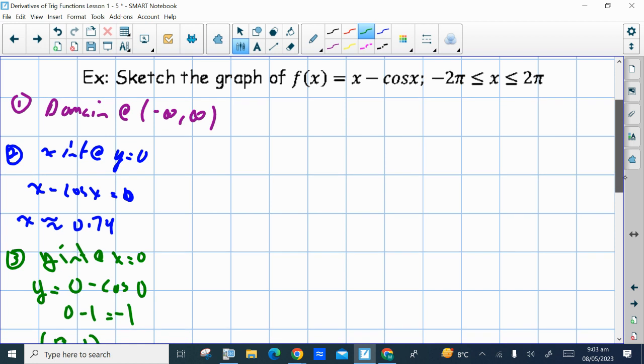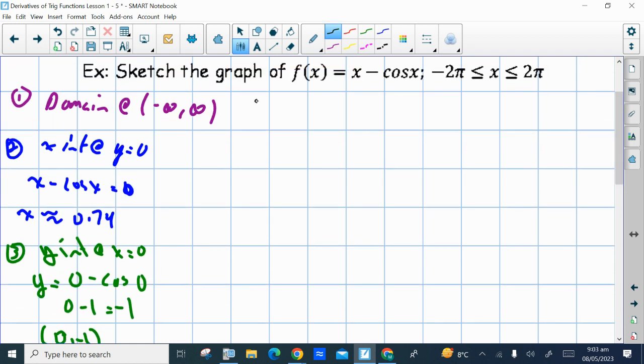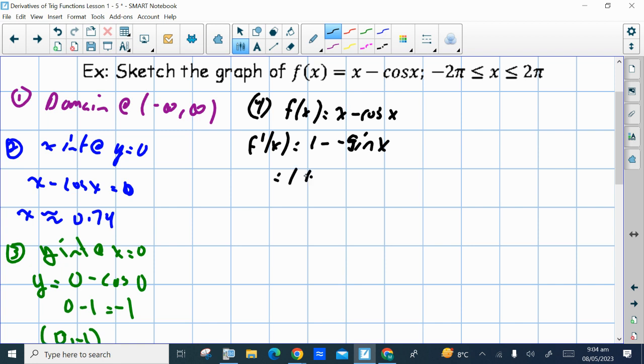So next we'll find our intervals of increase and decrease by finding the first derivative. If f of x equals x minus cos x, then f prime of x, the derivative, will be 1 minus, now again, the derivative of cosine is negative sine x, so you're going to have a second negative sign there, and a minus minus becomes a plus.